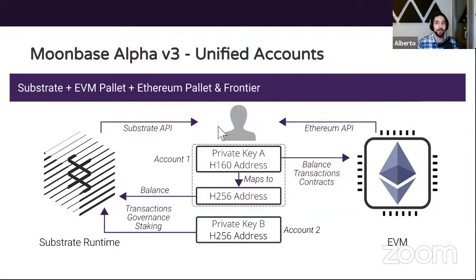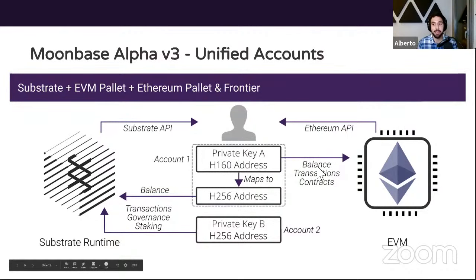Let's say you're a user, and you have a private key that is associated to an H160 address, which is a normal Ethereum address that you see in MetaMask or any other wallet. With this private key, you're able to sign transactions on the EVM Substrate runtime, which I just put on the right-hand side, right?